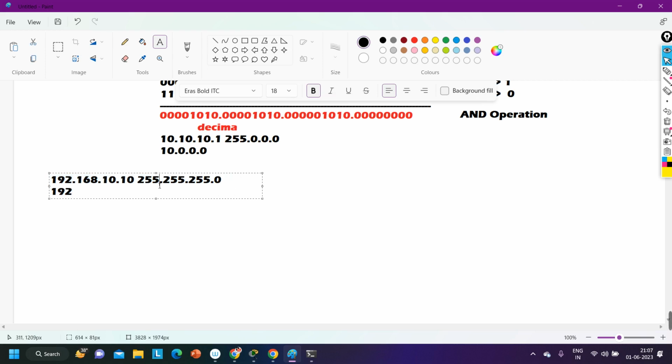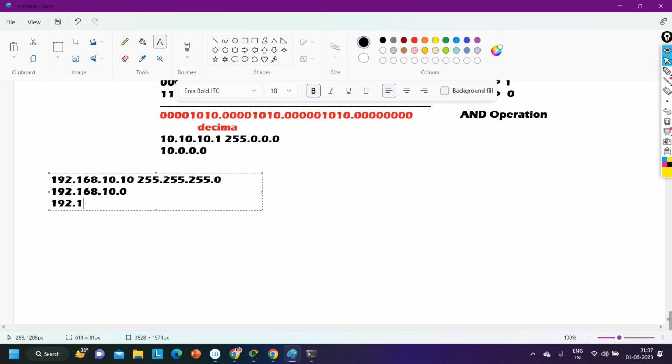See, the octet where all bits are 1, I am not touching. The same value I am copying over here, 192.168.10. But in the last octet, all bits are 0. That's why the value will be 0: 192.168.10.0.